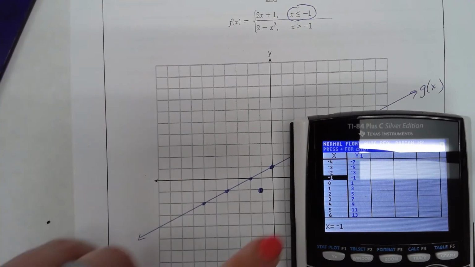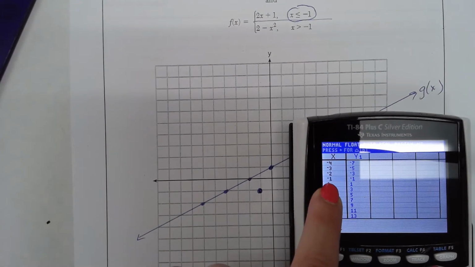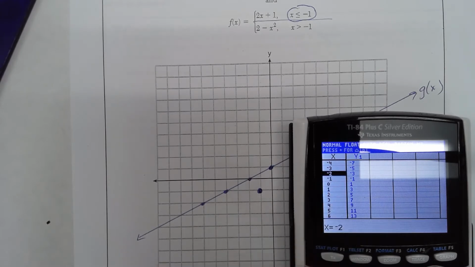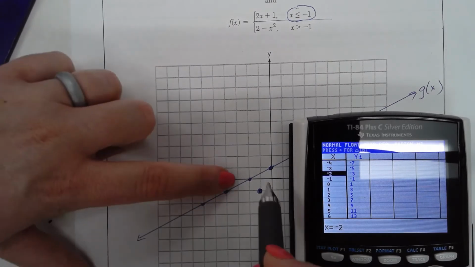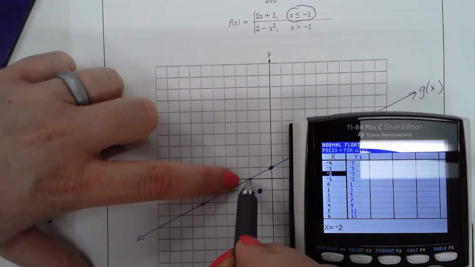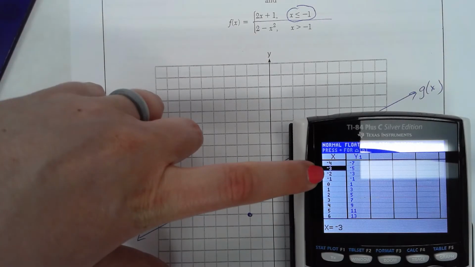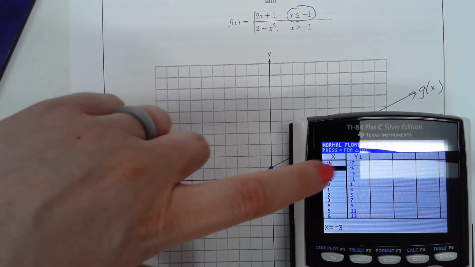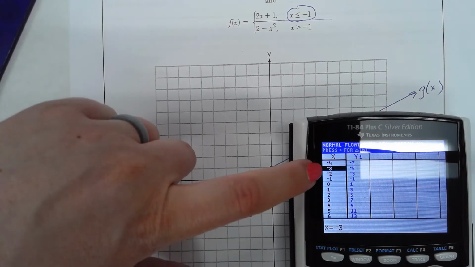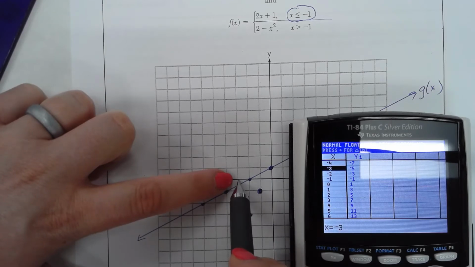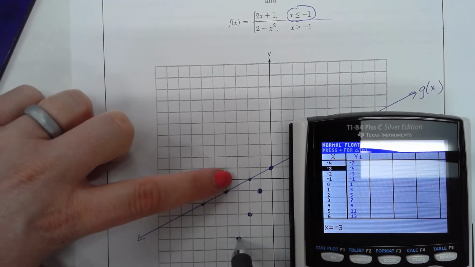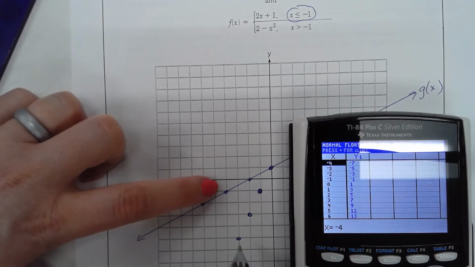Now, from here, I'm plotting points when x is less than -1. So when x is less than -1, that means I have to go to -2. And I'm going to plot that point, -2, -3. And then I'm going to plot these points that are less than -1. So -3, -5, -4, -7.